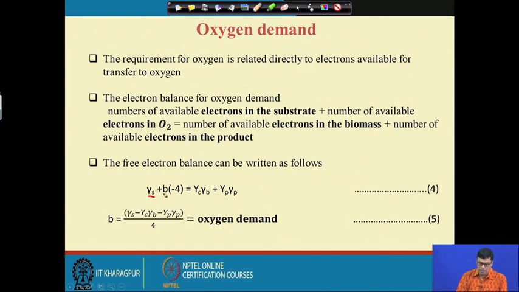So, I can write B moles of O2, that is B into 4, and then YC moles, YC gram atom of biomass. So, this is YC gamma B and YP gamma P. So, I can write that this B is the oxygen demand, and we can calculate it like this.